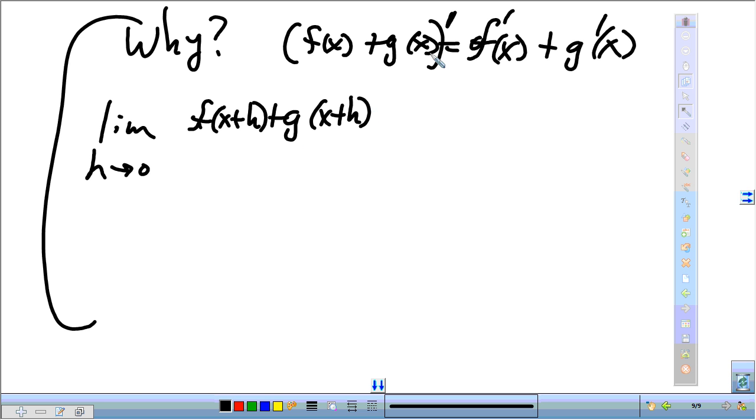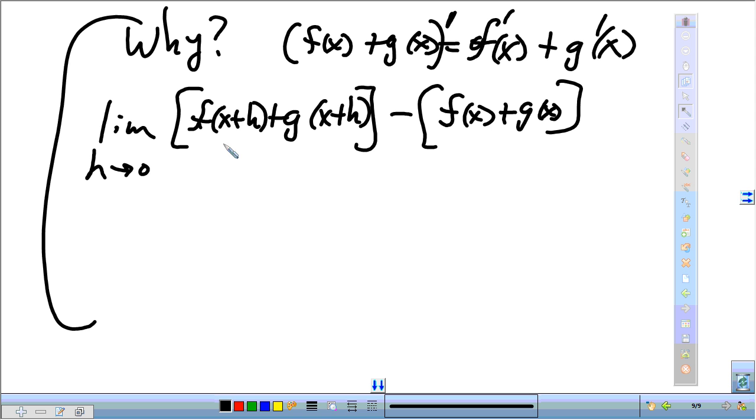So if we think of the derivative after adding, if we added these together, evaluated at x plus h, subtract what it was at x, and then divide by h, that would be that derivative.